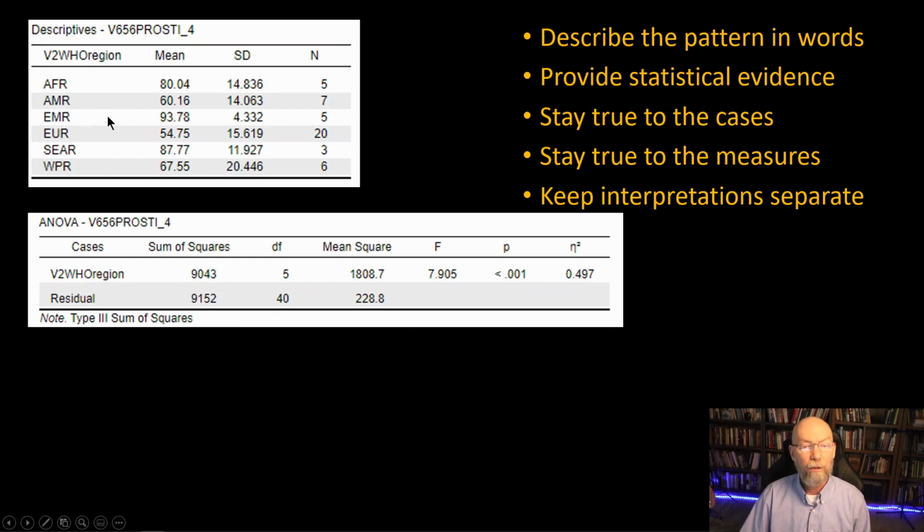Meanwhile, in the Eastern Mediterranean, or the Islamic countries, there's very little variation among the values from the countries. For those 5 countries, all of the percents of the population who say prostitution is never justifiable are very close. They only vary away from the 94% mean by about 4 percentage points. So there's a lot of agreement among the countries in that region.